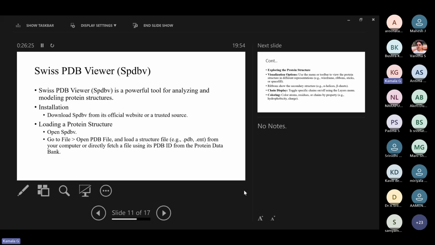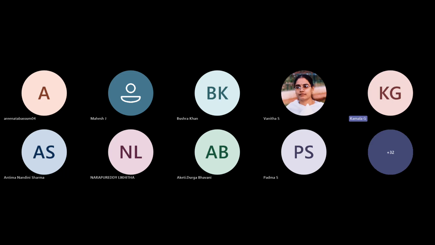Shall I explain this one, ma'am? Yes, ma'am. Okay, so SPDBV, it is the Swiss PDB Viewer. It is available on the internet. I want to share that also. Give me one second.